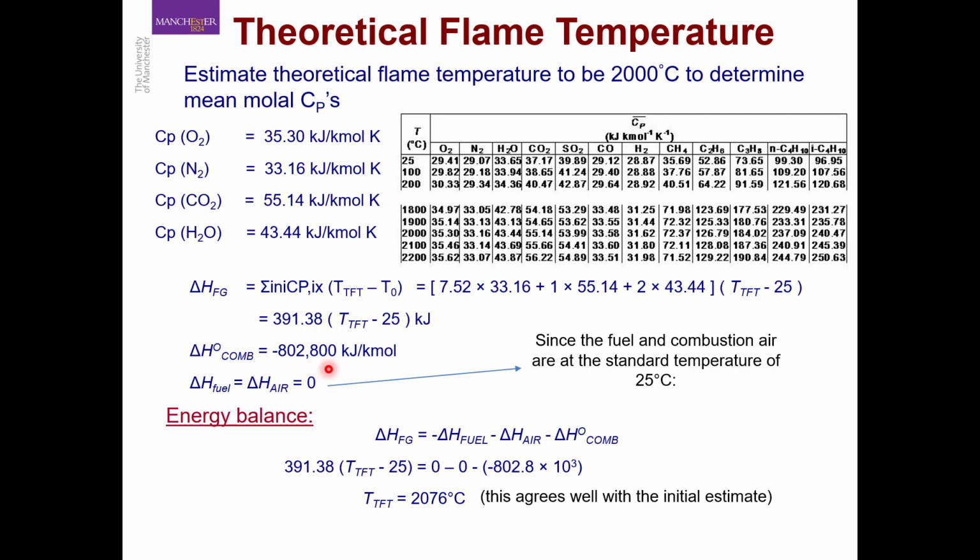So if you use this value here, we know how much standard heat of combustion is coming from the reaction. And then we have to calculate the heat content of the fuel and the air as well. Because our fuel and the air are provided at 25 degrees centigrade, the enthalpy change compared with reference to the standard condition is 0, because both temperatures are 25 degrees centigrade, so this factor will be 0, and as such the enthalpy change will be 0.